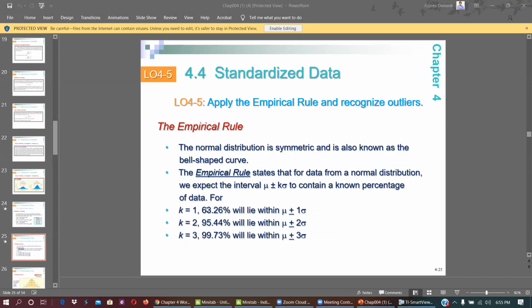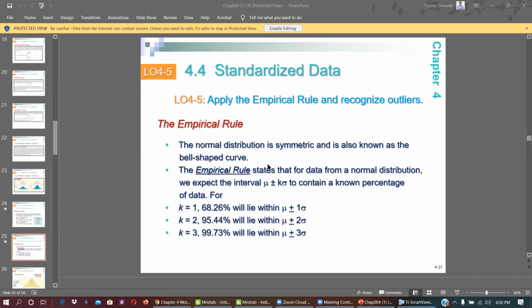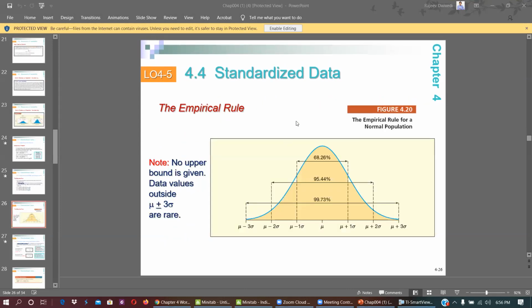Within 1 sigma, it has to be 68.26%. Within 2 sigma, plus minus 2 sigma, it has to be 95.44% and 99.73%, which is 6 sigma. So I'm going to explain these two rules and then we will understand.